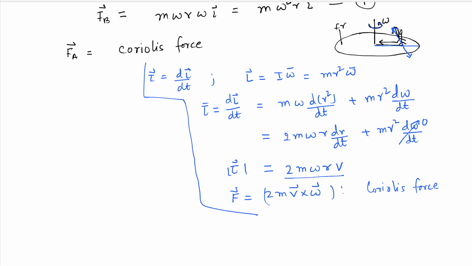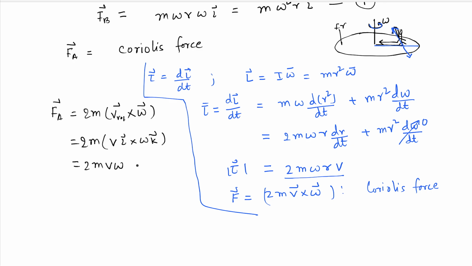Now let's get back to our question. Here the FA is also given as 2m times V in the rotational frame times omega, and this V is nothing but V i, omega k, therefore 2mv omega i cross k, which is minus j.